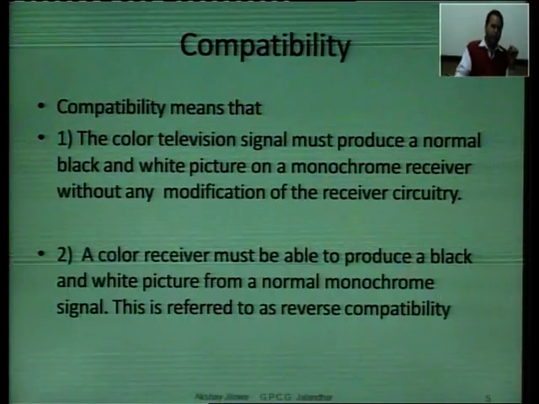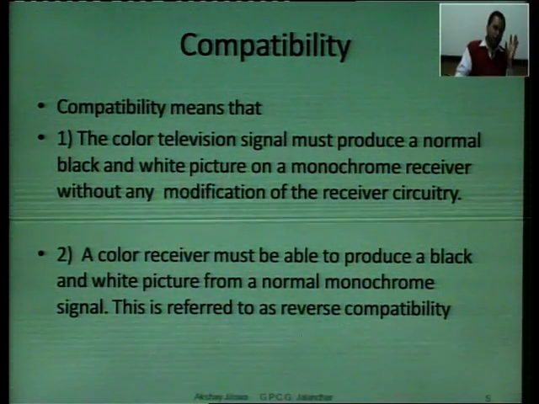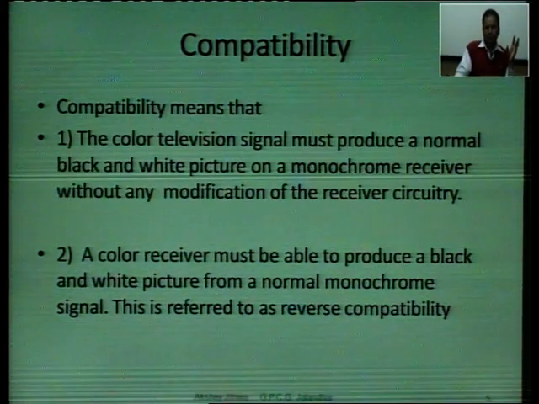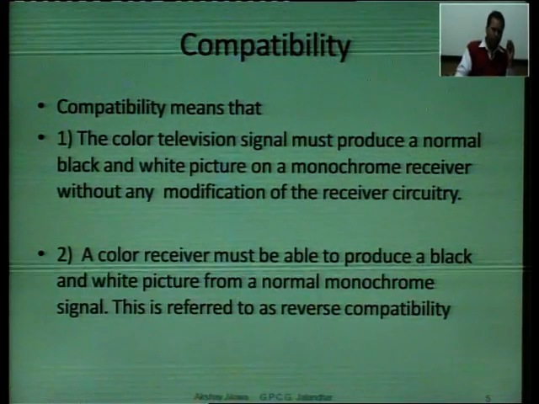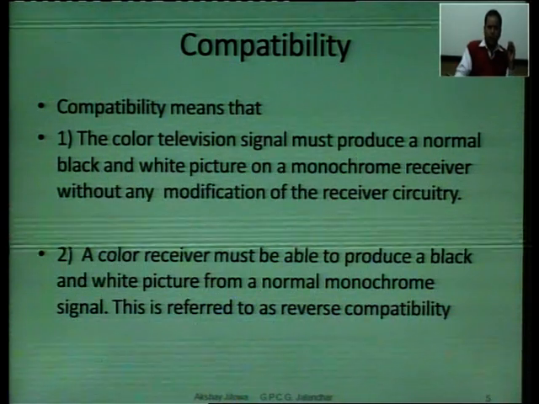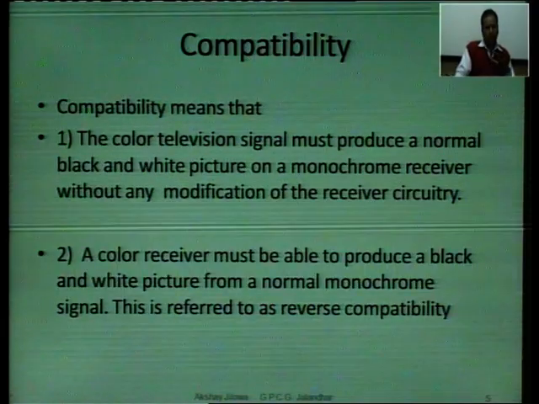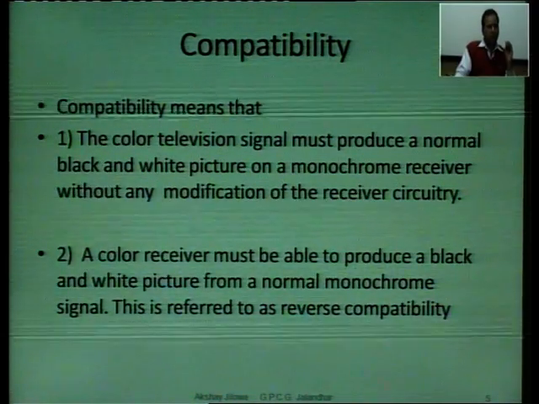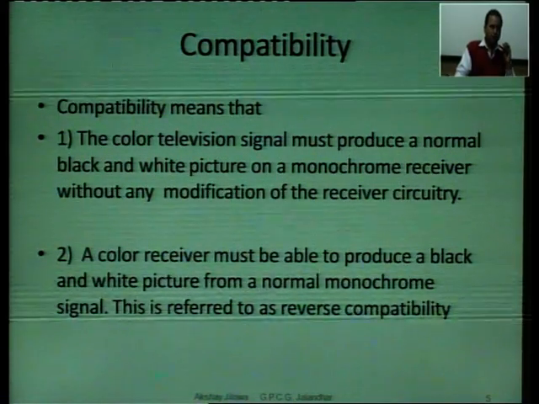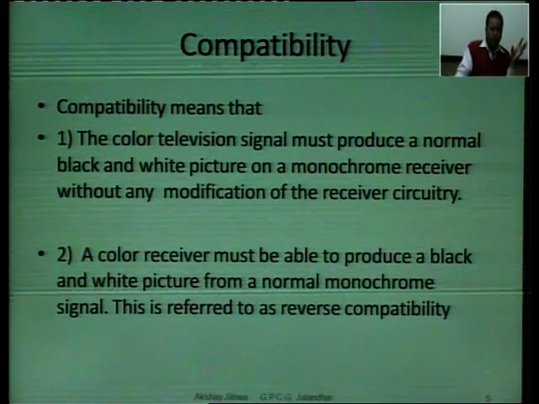Means if it is a color receiver and the picture being televised is monochrome, means it contains only two signals, black and white, then that should also be displayed on the color raster or color receiver. Means the color receiver should be able to display the signal even if the input is a monochrome signal.